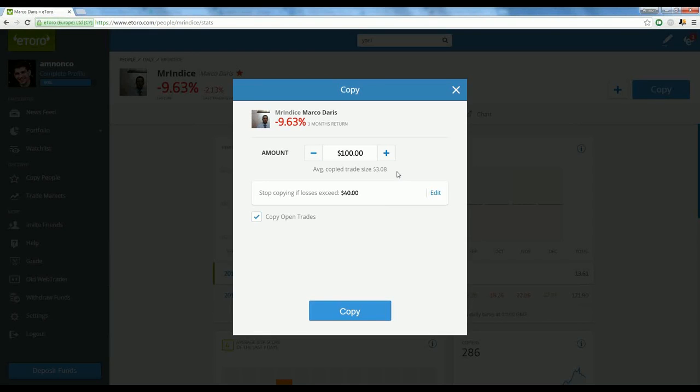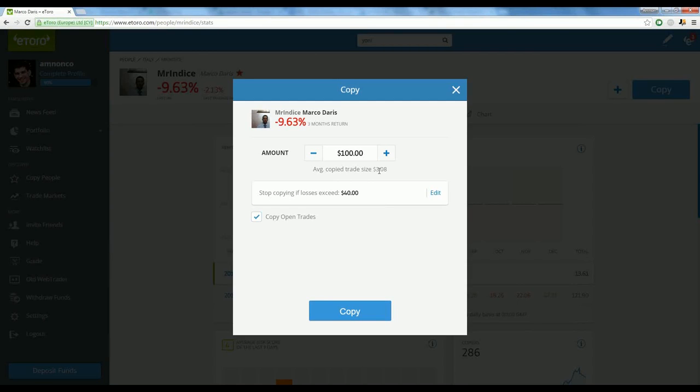But sometimes traders trade with really low amounts, and their average trade size is so small that your average trade size might be below $1. We used to allow that, and you used to be able to copy with, let's say, $100, and the average copy trade size could have been, let's say, 50 cents.